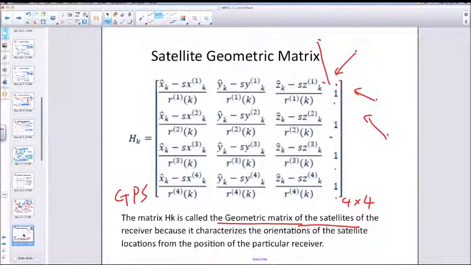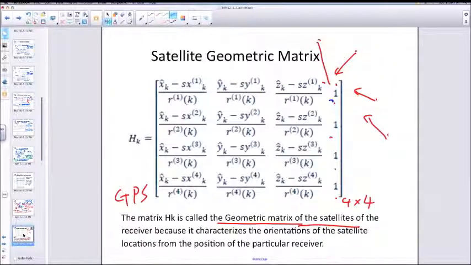From the user's point of view, this matrix completely tells you where the 4 satellites are in the sky. Now, let's assume the user is right here. This goes to the first, to the second, to the third, to the fourth. And this matrix is called the geometric matrix of the satellites.